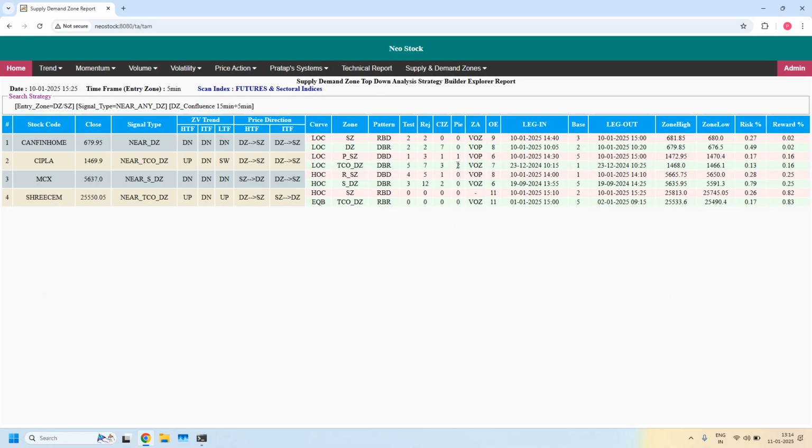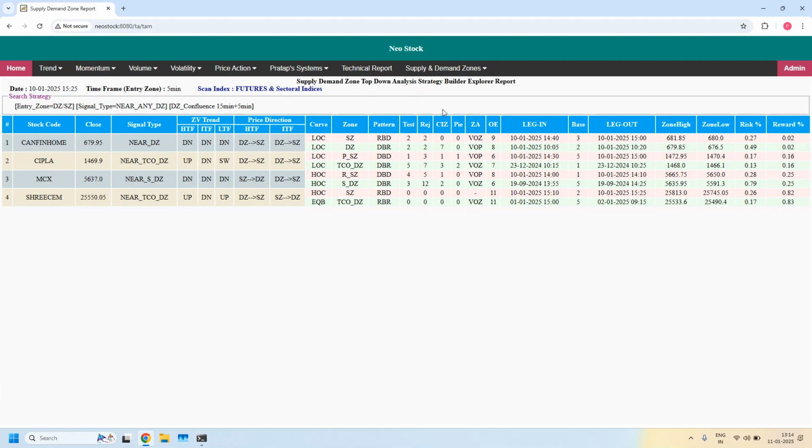In these 4, the second one, the supply is already pierced the demand zone. Earlier it tested 5 times. So all these 5 minutes demand zones are part of the 15 minutes demand zone. You can ignore the second one, it is a pierced 5 minutes zone.